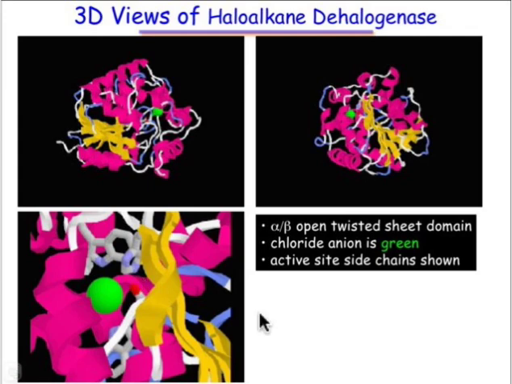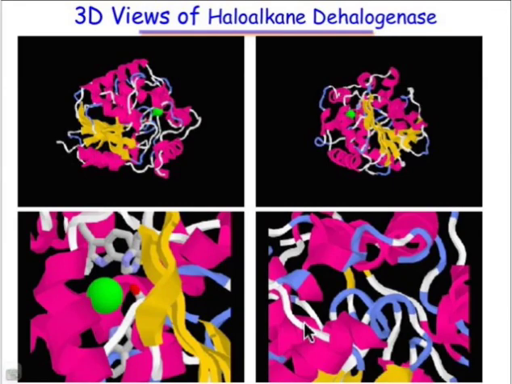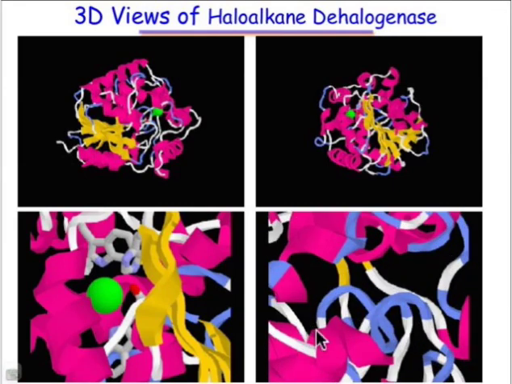And finally, one last view where we zoom in and take a look at the position of those side chains. Here's the aspartate group, connected as an ester to the dichloroethane molecule, and over here you can see the tryptophan that's going to hydrogen bond to the chloride atom there. There's the tryptophan that's positioned with its NH into the chloride anion that can be solvated.